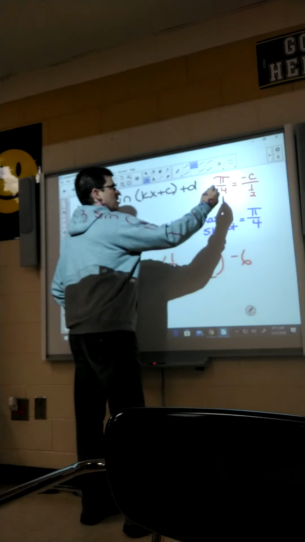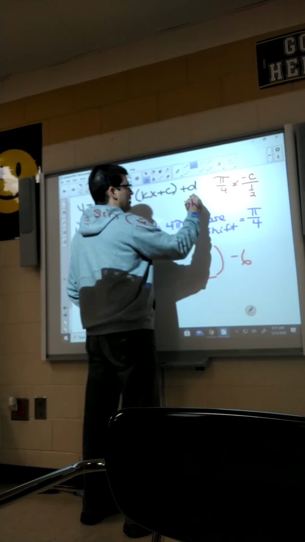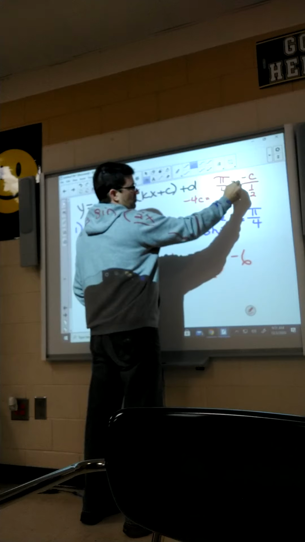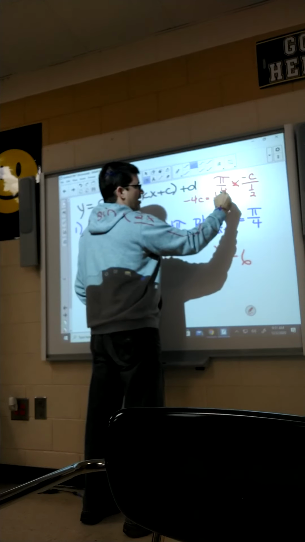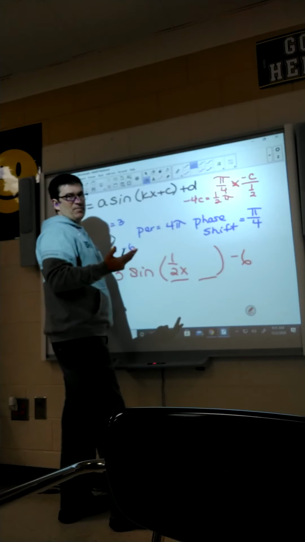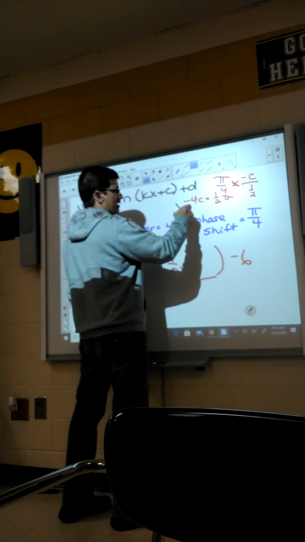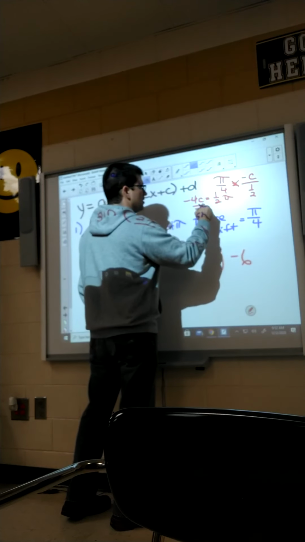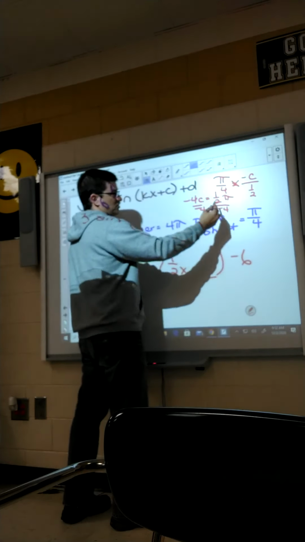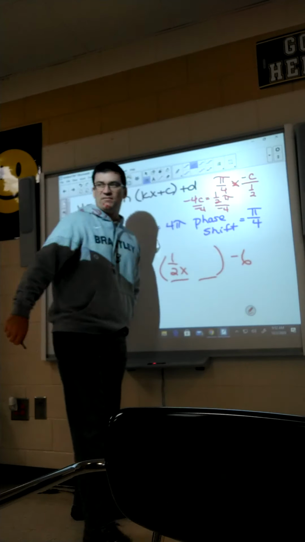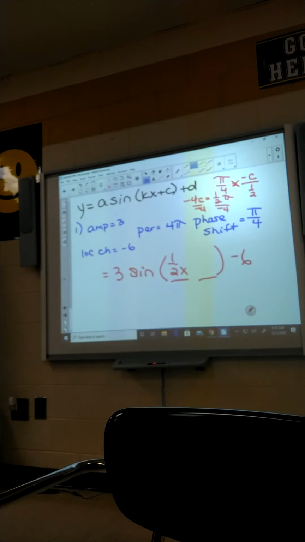Now let's check. When I go this way, I got negative 4c. When I go this way, I got 1/2 pi. Well, look, since you always divide by the number that's with the variable, I got to divide by negative 4. So this time in your calculator, you're going to type in 1/2 pi on top, divided by negative 4. Type it in and give me an answer.